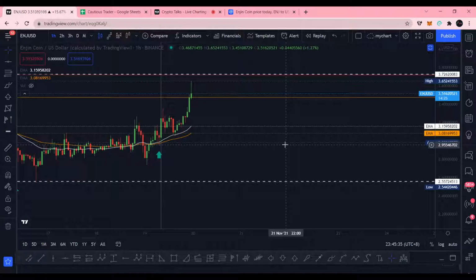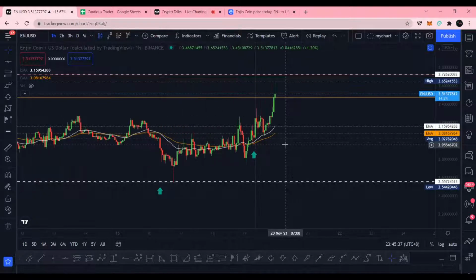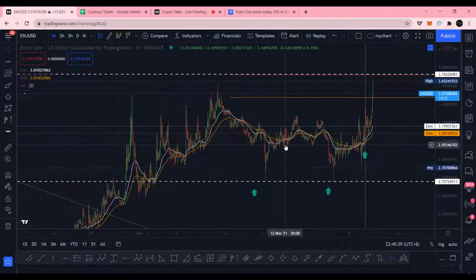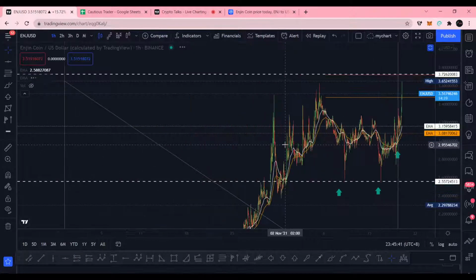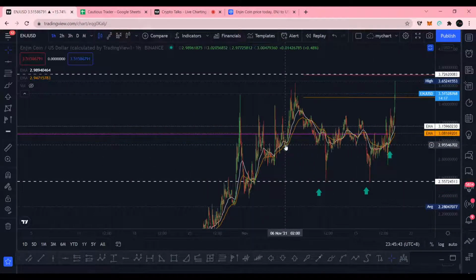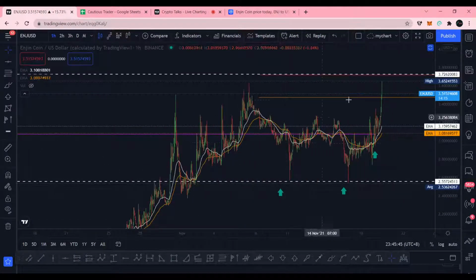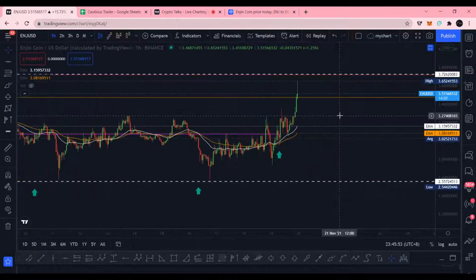But since it's already at 3.51, possibly at this area, at least this one here, 3.30, kung magti-3.30 pa siya.